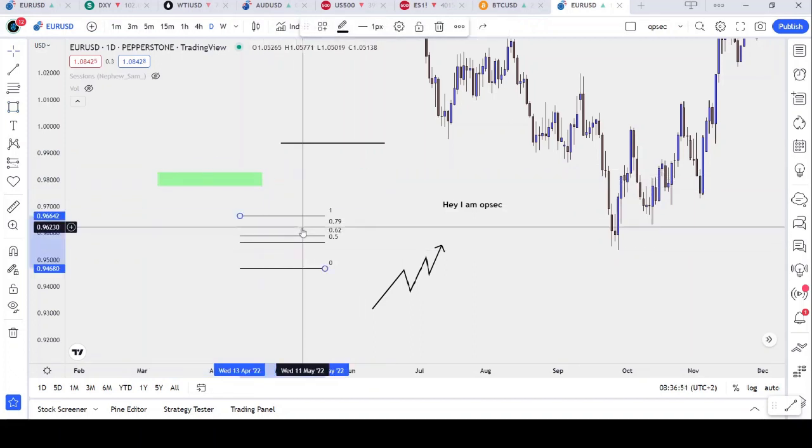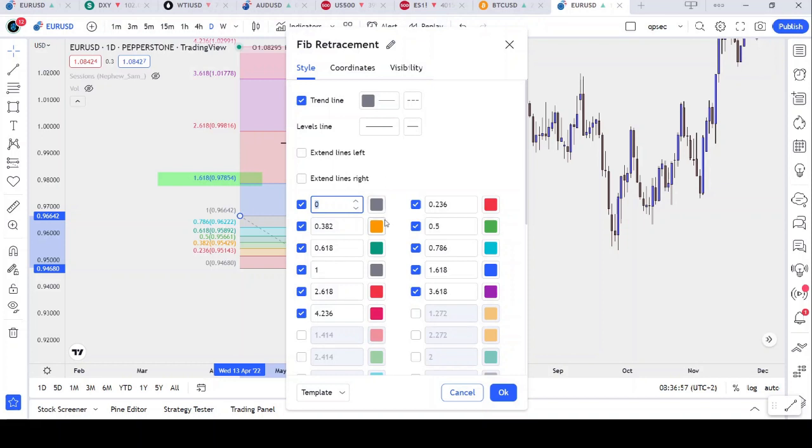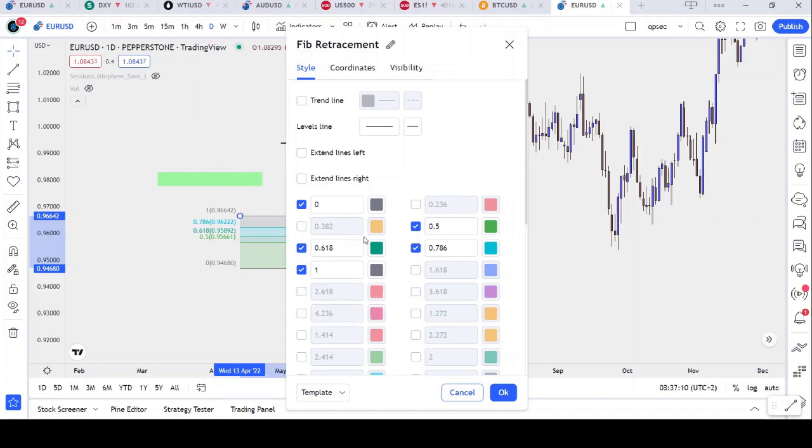Then get yourself a Fibonacci tool, and now let's go into the settings of this. Let me apply defaults, right? This is the default drawing template. What you've got to do is like this. You disable the trend line over here, that's what I like to do. And then over here, you disable this, this, this, and this. These are the settings you want. And then I like rounding this up to 7.2 and 7.9.